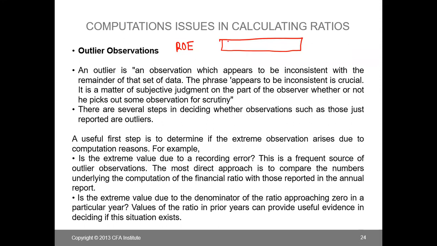What do you expect? Say your mean is 0.2, the maximum is 0.6, this way. But if your ROE has become 5.